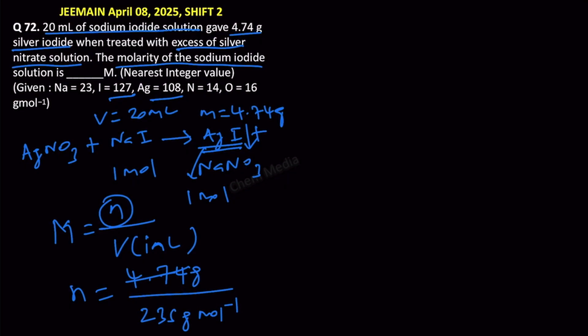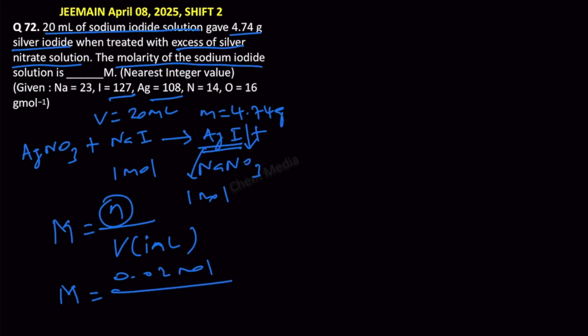If I take this as 470 approximately times 10 to the power minus 2, then this is simply 2 times 10 to the power minus 2, that is 0.02. So, 0.02 mole.